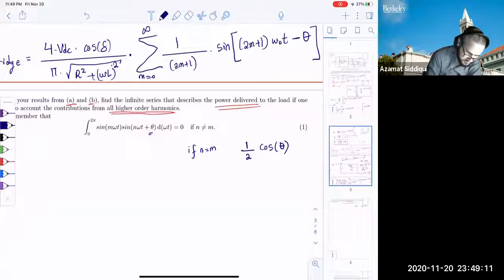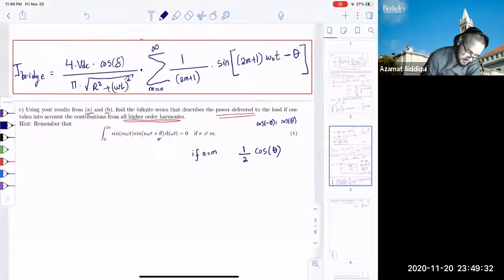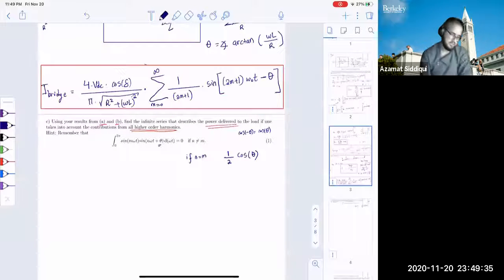Do remember that if instead of a positive theta you had a negative theta, remember that cosine is an even function. That means cosine of negative theta is equal to cosine of theta. Okay, moving on. We're going to use this hint rigorously in this problem.